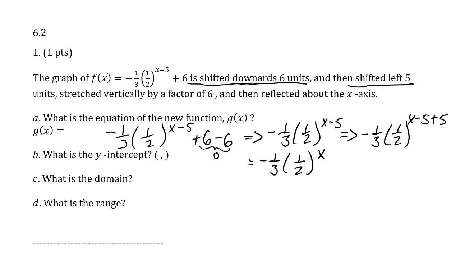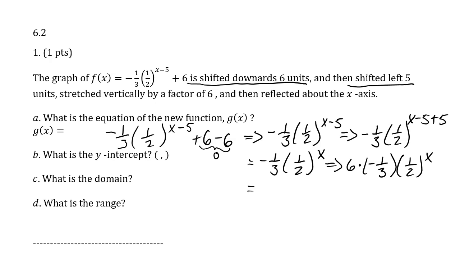Our next thing is a vertical stretch by a factor of 6. Vertical affects y, so this happens outside of the main operation. The main operation is the exponential function, so it's got to happen outside of that. A stretch or a compression is a multiplication by a factor. Since this one is being multiplied by a factor of 6, it basically means we have 6 times the negative 1/3 all multiplied by 1/2 raised to the x.